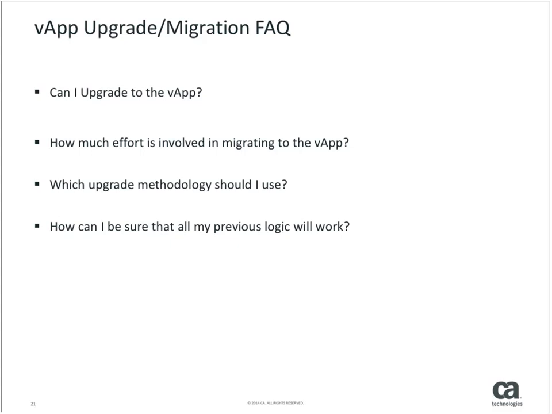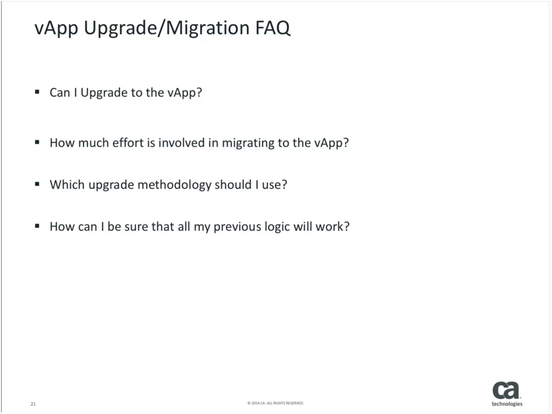In terms of methodology, it's always going to be a side-by-side, with the exception of customers who only use identity governance and identity portal. In that case, it's still a side-by-side, but they can keep connecting to the existing database. That's the only methodology, because it's a different environment.